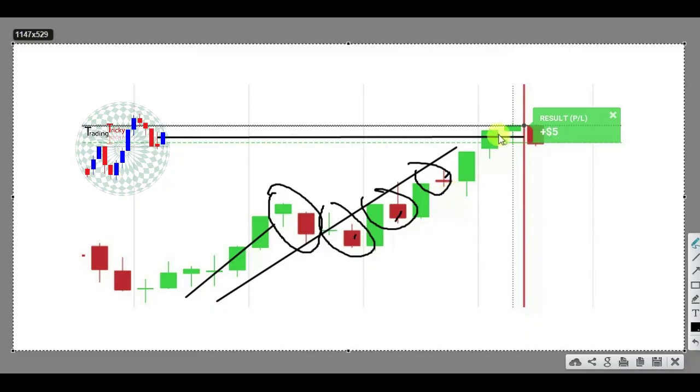It means there is a chance for sellers to enter for a retrace candle. If this is a strong momentum, when you see this much breakout, most of the time you will see a retrace candle here, as this is a round number.